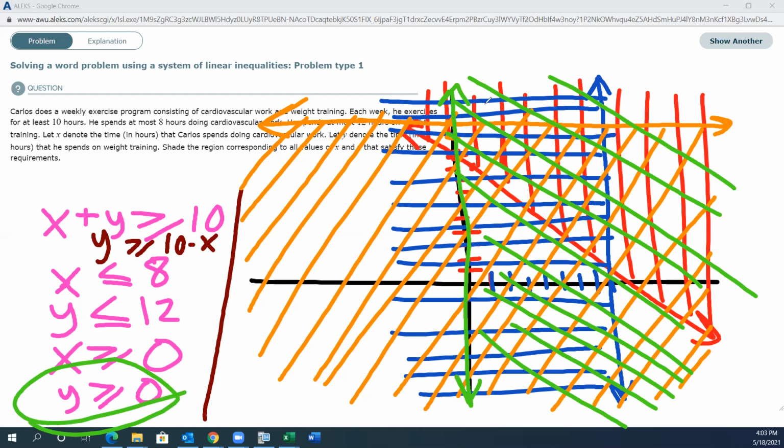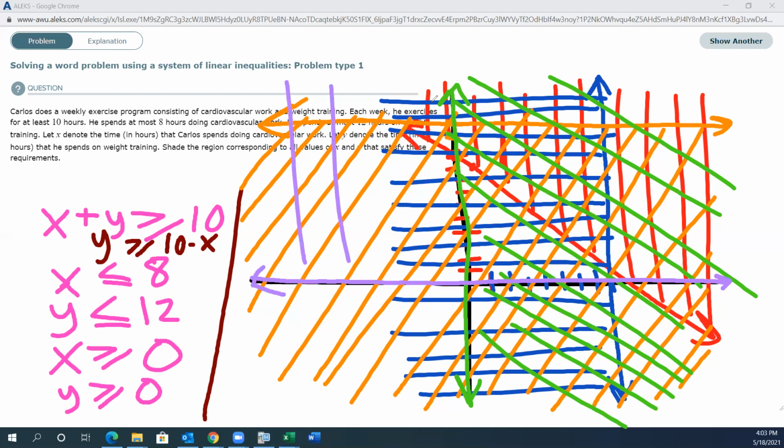And then the last one says I only want positive y values. So the x-axis on up. That was terrible drawing, even by my standards. Okay. So there's y equals 0, and it says shade above. So I'll just go vertical again.